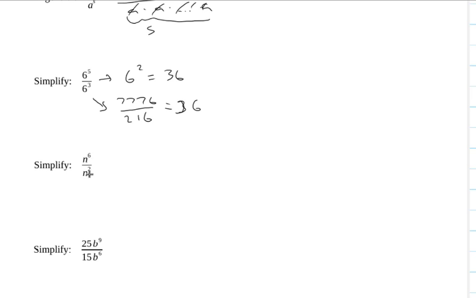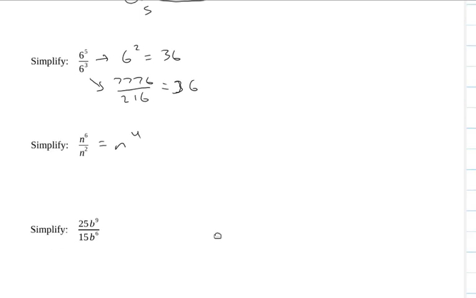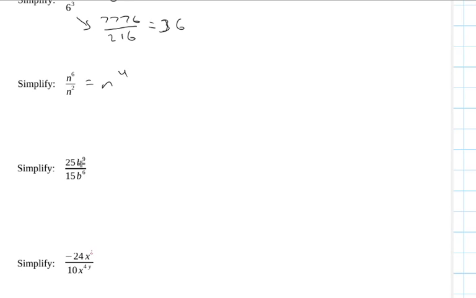So if we have n to the sixth over n squared, well, 6 minus 2 is 4, so this is n to the fourth. If there are other coefficients around, that doesn't really bother me at all, and it doesn't impact what's going on with my variables. b to the ninth over b to the sixth, well, 9 minus 6 is 3. But then I also have to pay attention to what's going on with my coefficients as well.